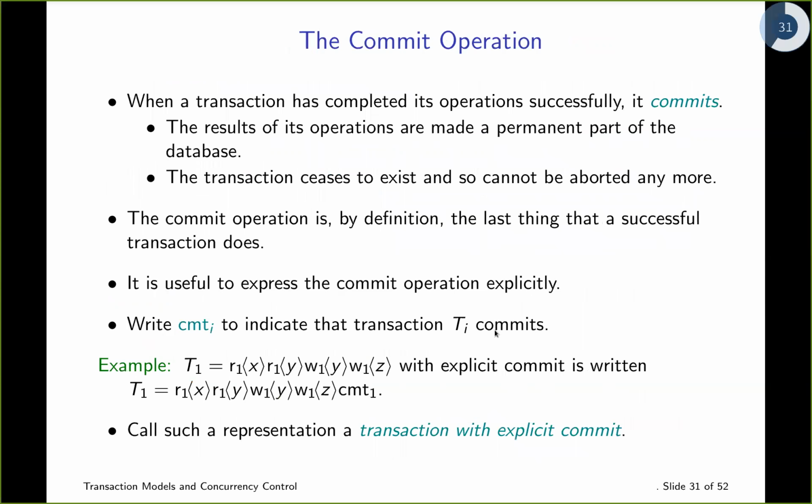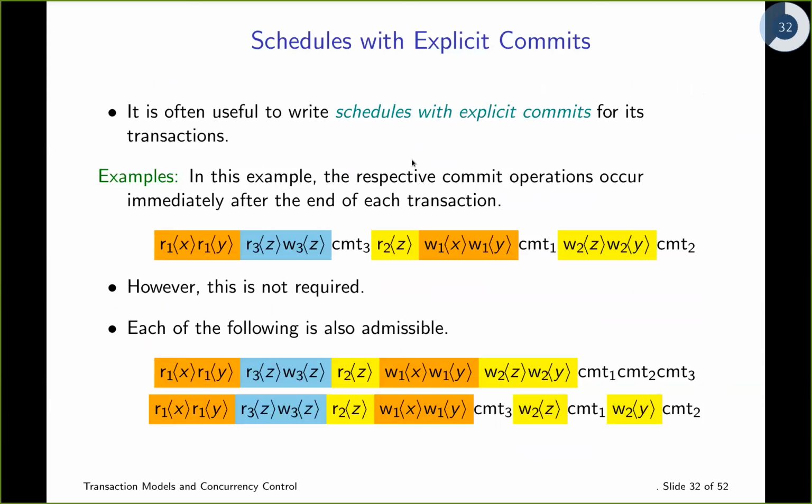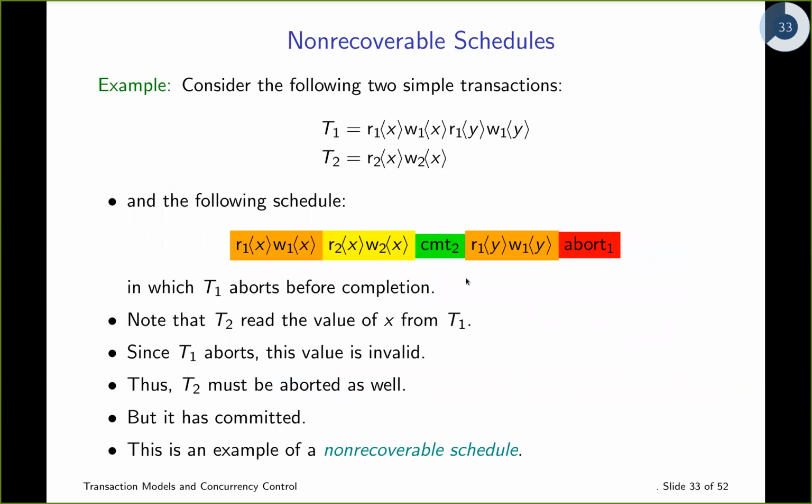Let's look at a detailed example, the one I was talking about before. I read X, I write X, and then I release the locks on X, and then transaction 2 reads X and writes X, and then transaction 2 commits. But then I go on and I read Y and I write Y, but then I abort.